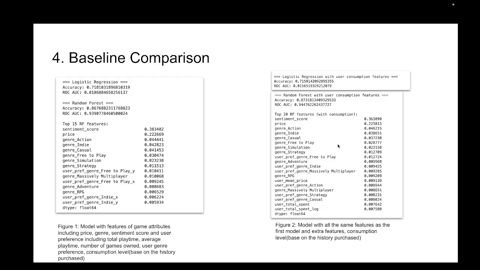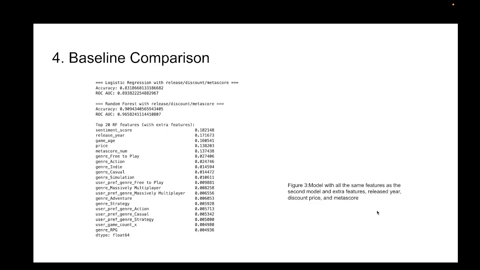Model 2 includes the consumption levels, and model 3 contains a really important feature, that is the age of the game and the release year. If the release year is early, there will be more users willing to buy it.